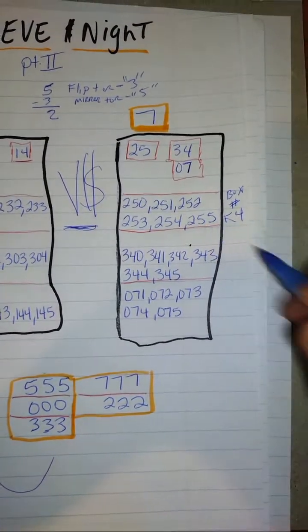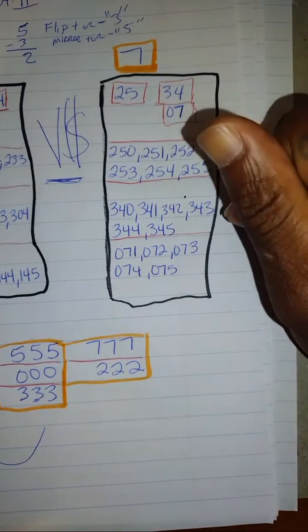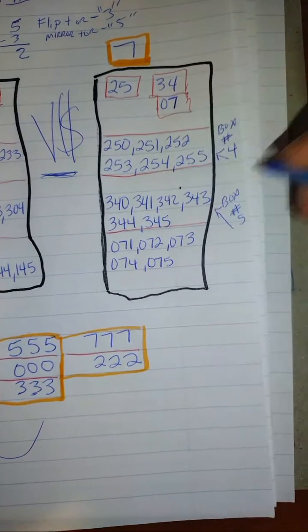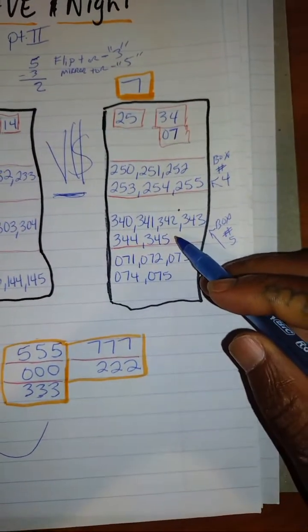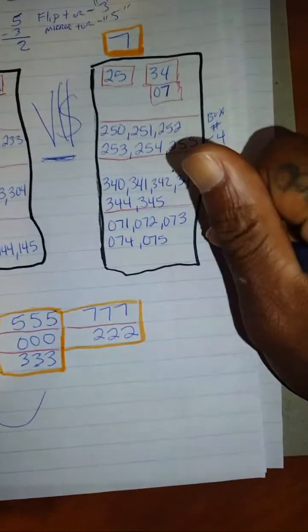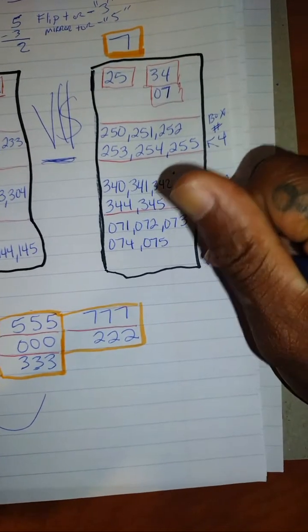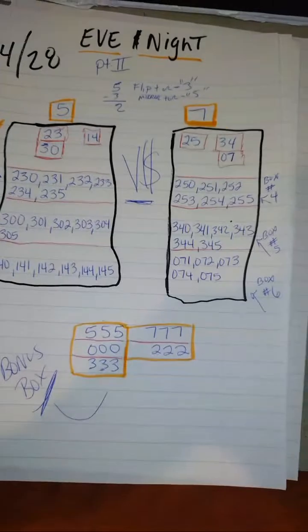Box number 4. Box number 5. Box number 6.